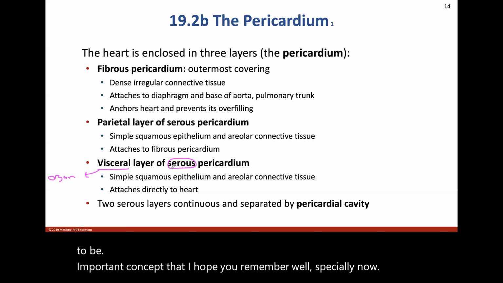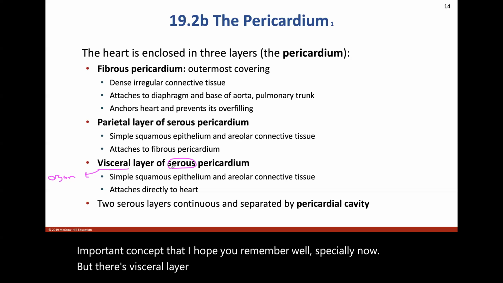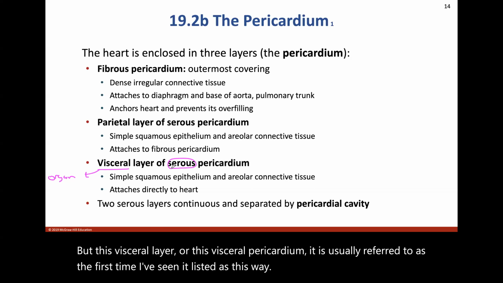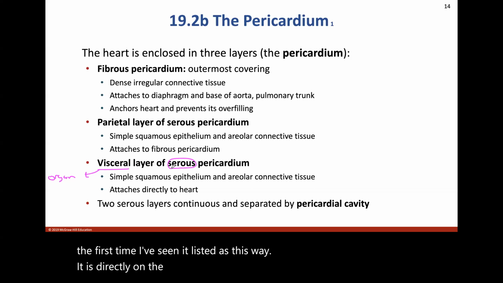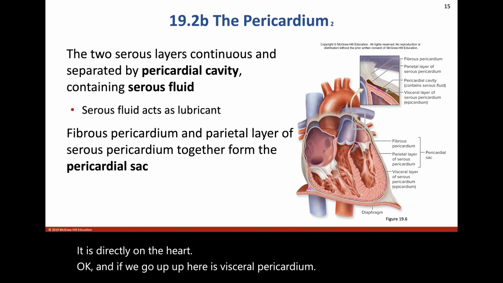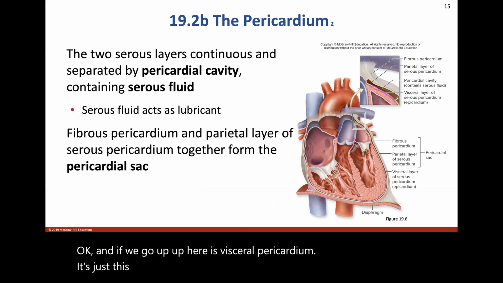But this visceral layer, or visceral pericardium, as it is usually referred to. This is the first time I've seen it listed this way. It is directly on the heart. Okay, and if we go up here, here is this visceral pericardium. It's just the outermost portion of this serous pericardium.